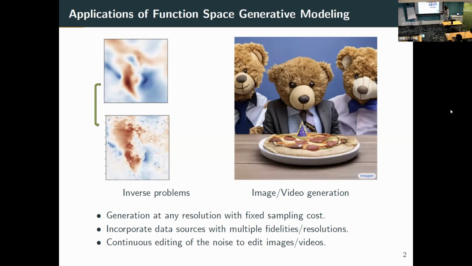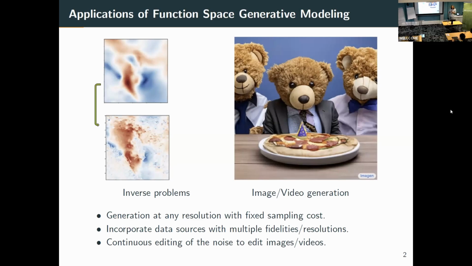There's others. You could also incorporate images of all kinds of resolutions within your data set, and that can help you learn this problem. This is something that I would say has really not been explored in the imaging literature almost at all, and I think it's a very good direction to try and go in. And then the other one, which will be maybe the main thrust of my application today, will be continuous editing of images.